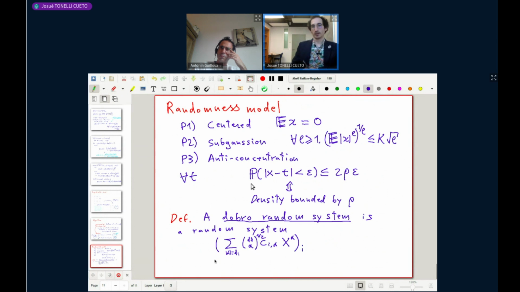So it's a random system where c_alpha is centered, sub-Gaussian, and has anti-concentration.